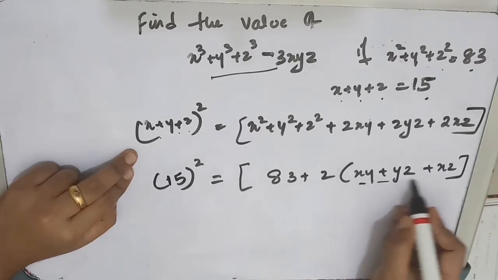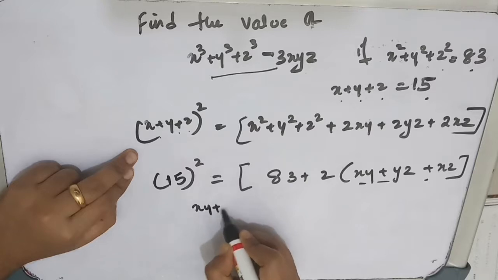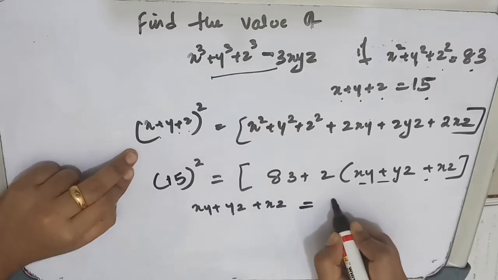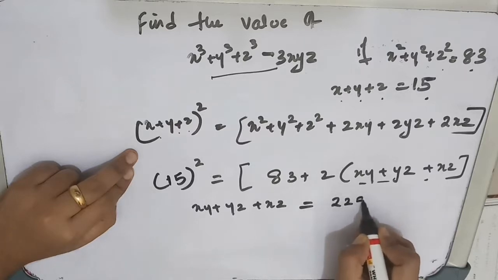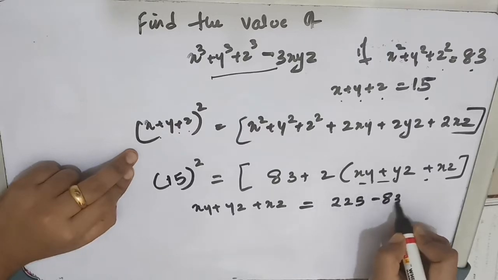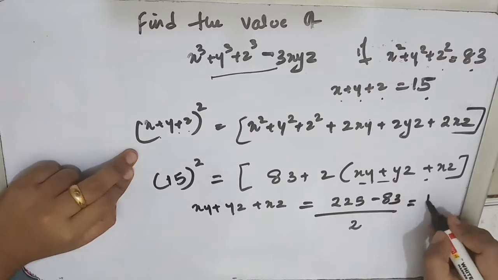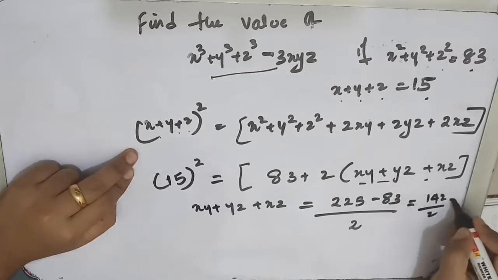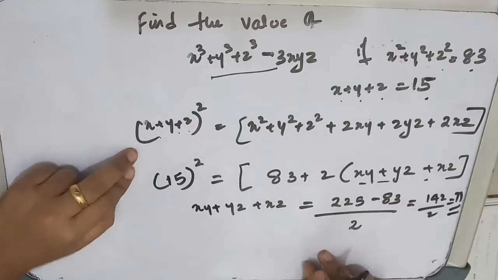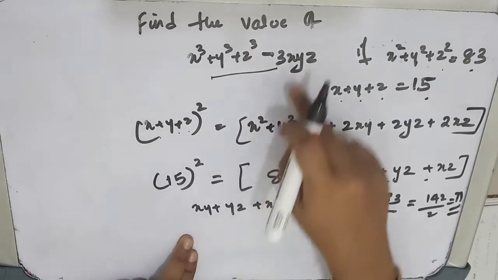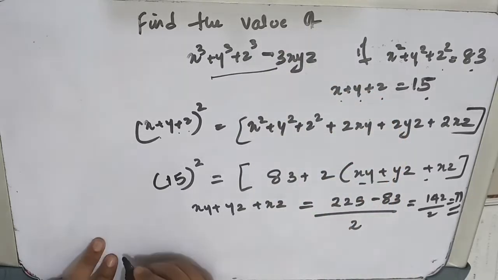So we can obtain the value of xy plus yz plus xz as 15 square, that is 225, minus 83, by 2. This value will be 142 by 2, that is 71. So we have obtained the value of xy plus yz plus xz. Now let us calculate the value of this polynomial.